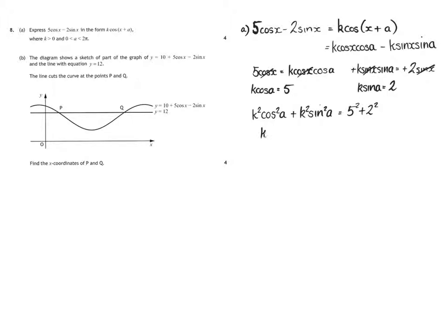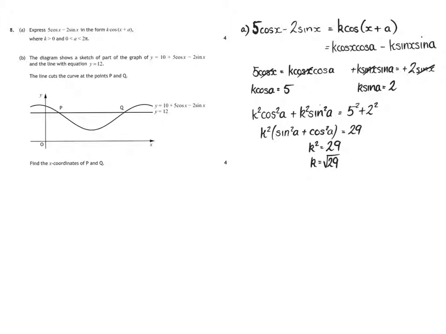Okay, so we take out our k squared as a common factor, so we have sine squared a plus cos squared a equals 25 plus 4, so we get 29. Okay, we've just squared both sides and added them together, so it's kind of like simultaneous equations. So sine squared a plus cos squared a is 1, so we get k squared is equal to 29. So then we get k is equal to the square root of 29.